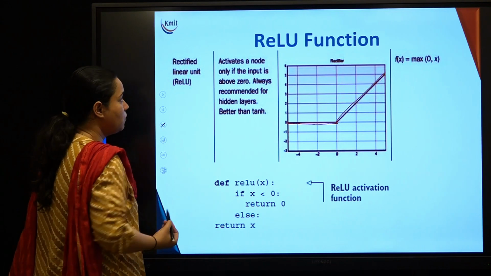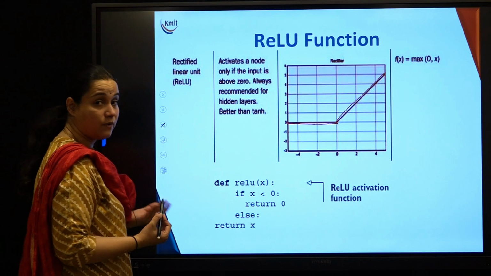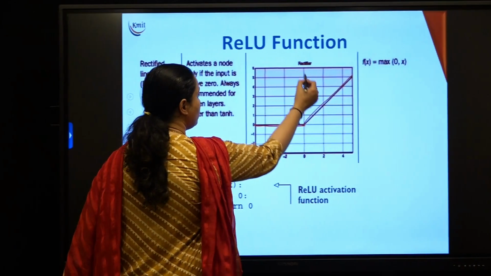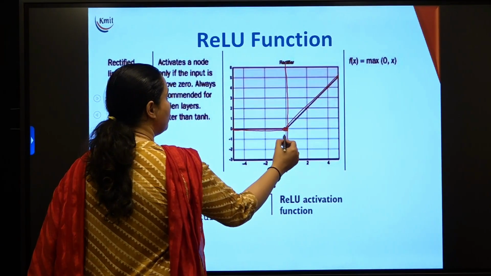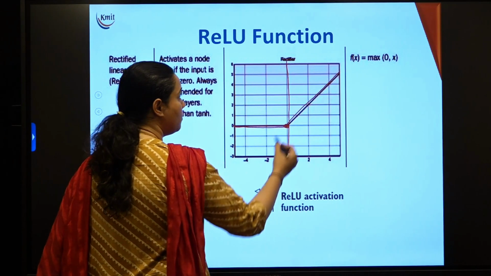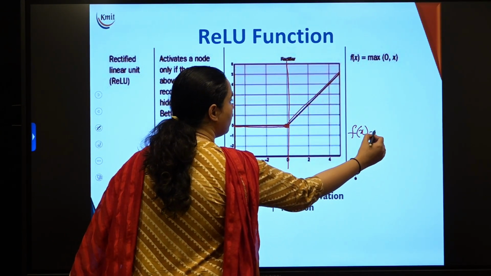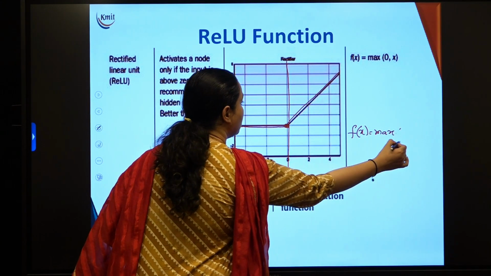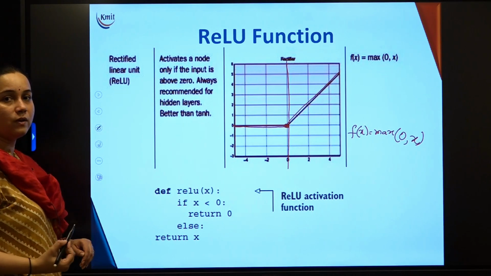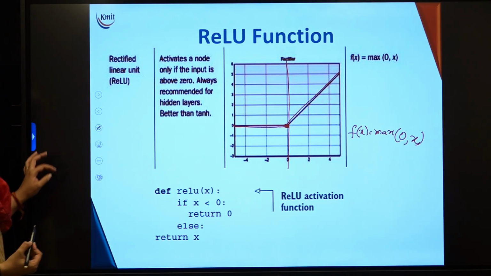It activates a node only if the input is above 0, it is recommended for hidden layers, and it is far better than the tan hyperbolic function. Looking at the waveform, for any value less than 0 the output is 0, and for any value above 0 it gives the maximum of 0 and that input. So if the input is 0 or below, it is not going to fire; otherwise it gives the same value as the input. So this was about the ReLU function.